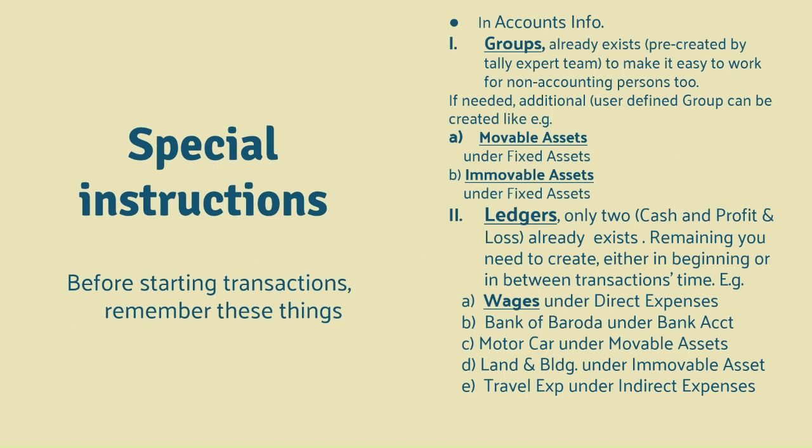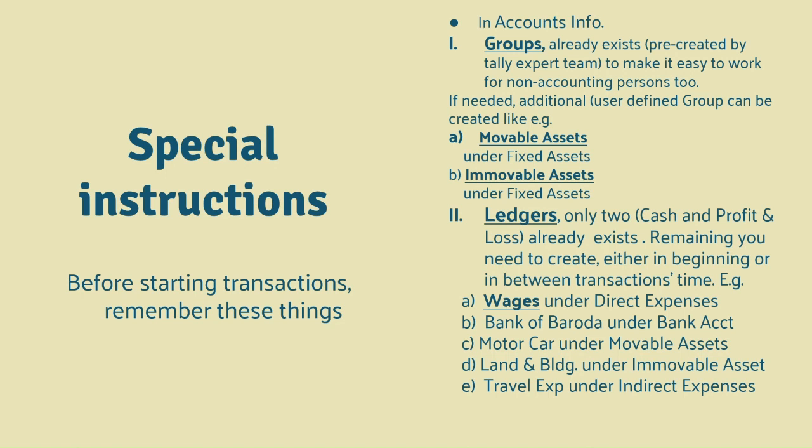Before we record the transaction, a few things you need to understand. Groups are already predefined in this software. You can create subgroups under those main groups. For example, I have shown under the primary group fixed assets, you can classify into movable assets and immovable assets.